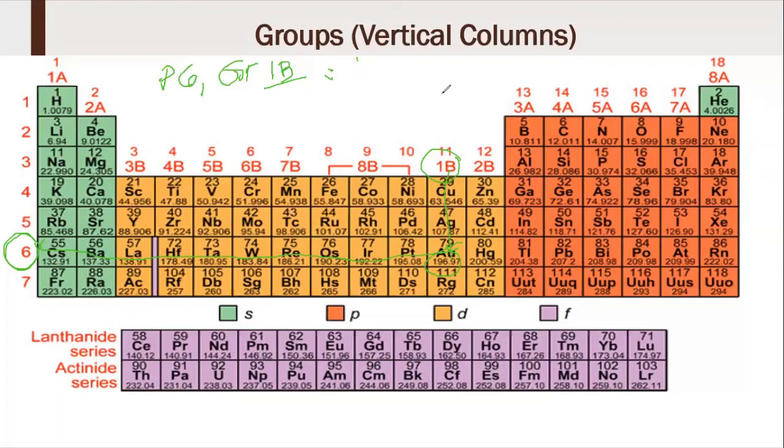Okay, another example. What if I'm looking for period 4, group 4B? Oh, period 4, 4B. What's the answer?